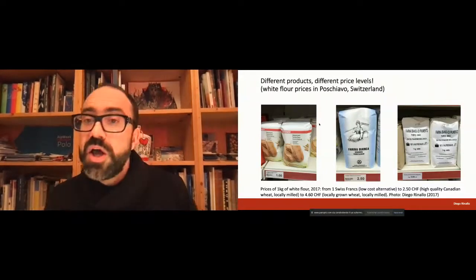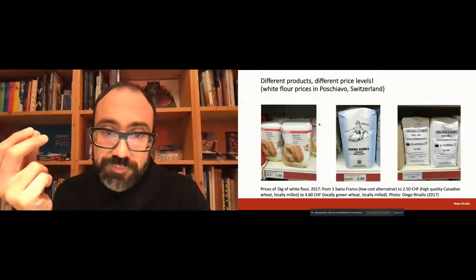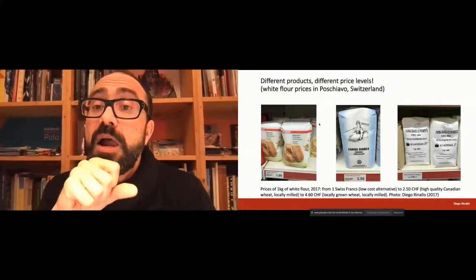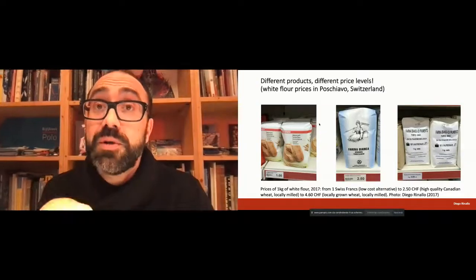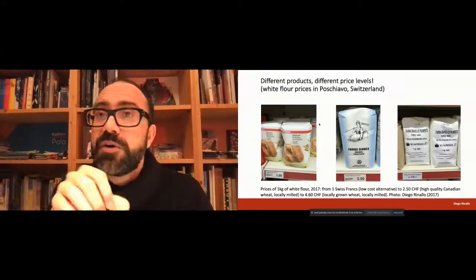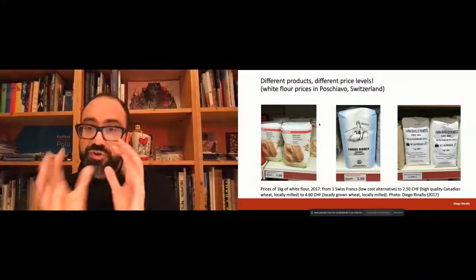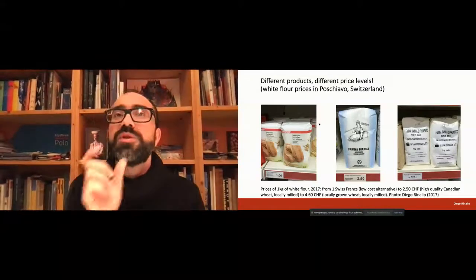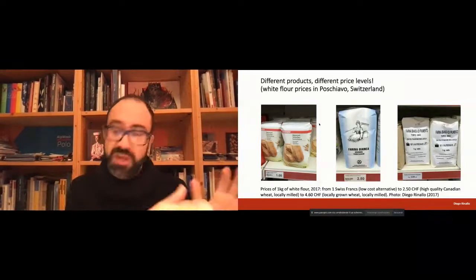And here on the right, you see not only flour that is organic, but it's also locally ground, locally milled, and that comes from the local area. So you could talk to the farmers who grow the wheat upon which the flour is made, and people are willing to pay more, what is called a premium price with respect to the other product.